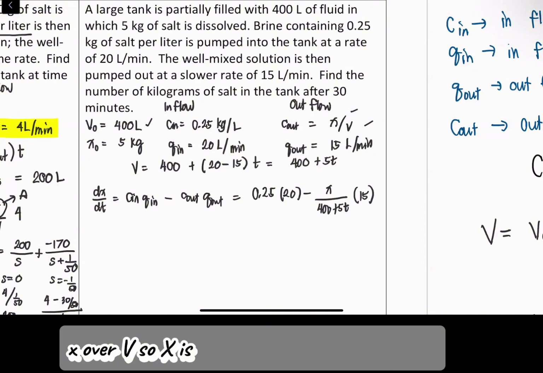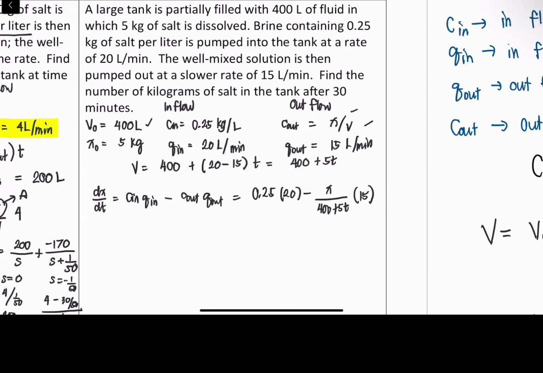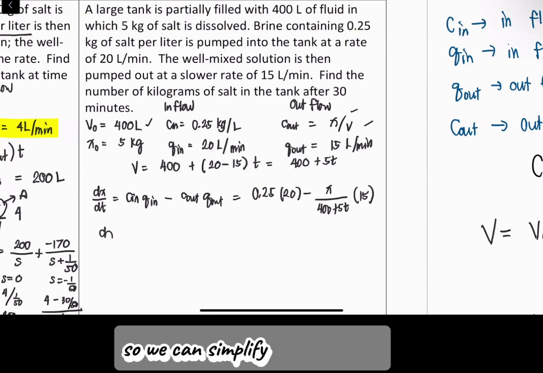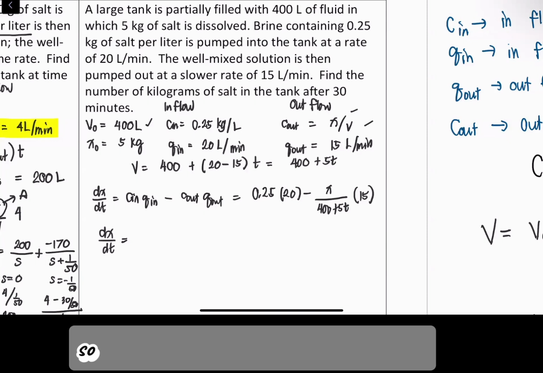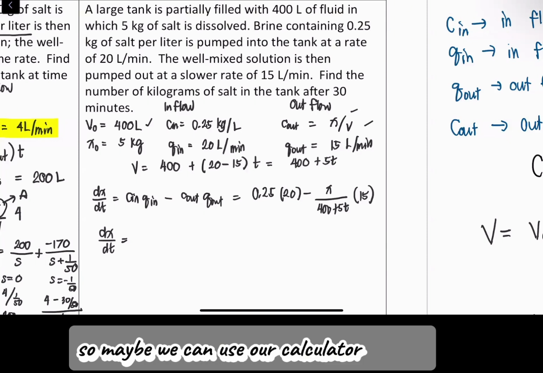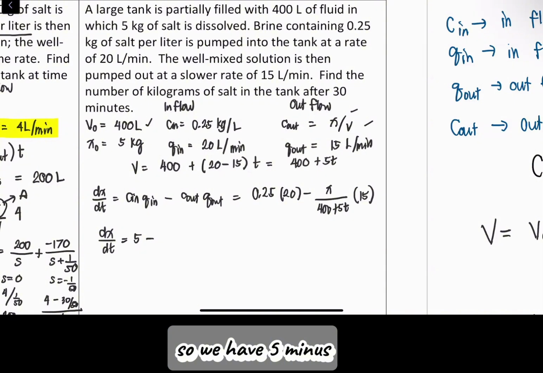So x is x and v is 400 plus 5t. So we can simplify dx over dt equal to 0.25 times 20. So maybe we can use our calculator for this. So we have 5 minus.